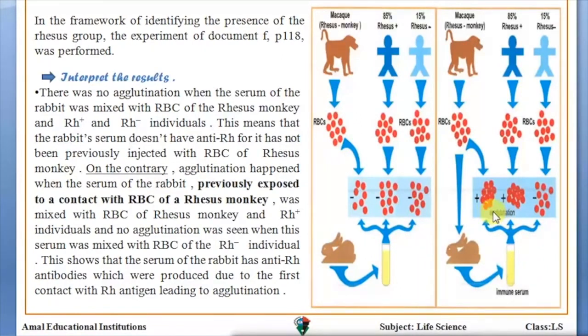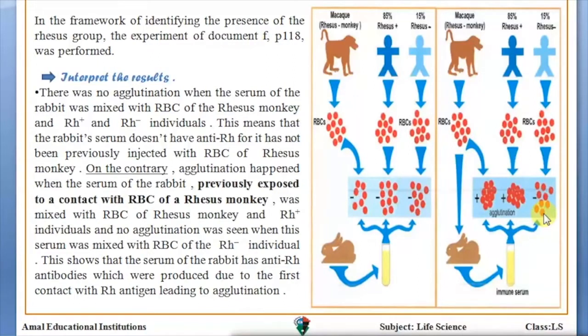There was agglutination observed of the red blood cells taken from the rhesus monkey and the rhesus positive individual when mixed with the serum removed from the rabbit that had been previously exposed to a contact with the red blood cell of a rhesus monkey. However, the red blood cells of the rhesus negative individual showed no agglutination.